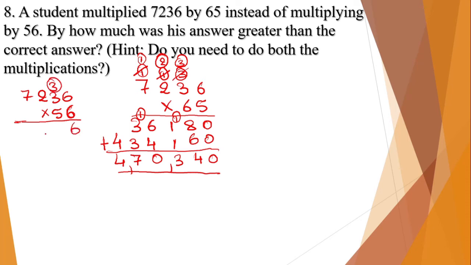And 6 3s are 18 plus 3 is 21. So 2 carry over and 1 below. And 6 2s are 12 plus 2 is 14. So 1 carry over and 4 below. And 6 7s are 42 plus 1 is 43. Now we can cancel the carryovers.